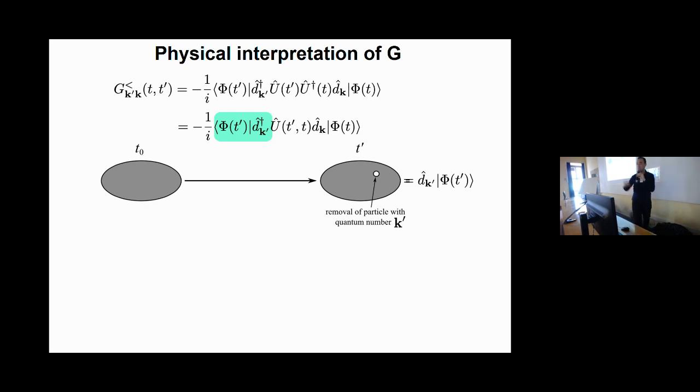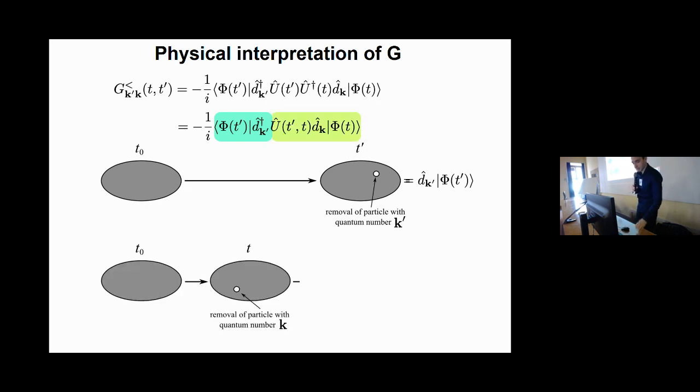So let me represent in k space this situation in this way. Okay, we evolve the many-body state from t0 to t prime, and at time t prime we remove a particle of momentum k prime.